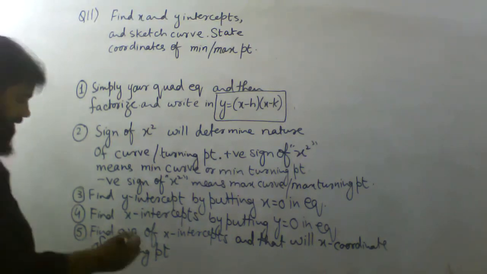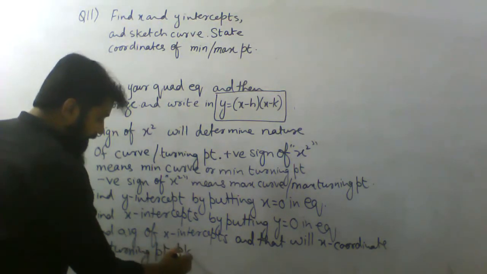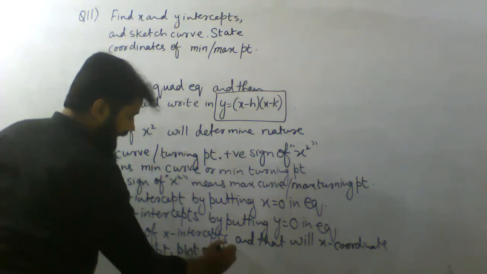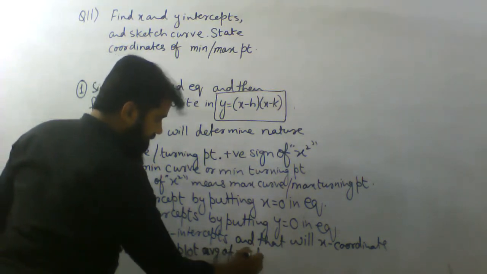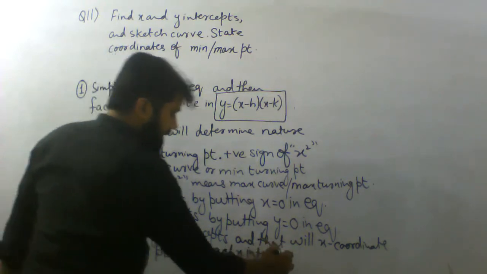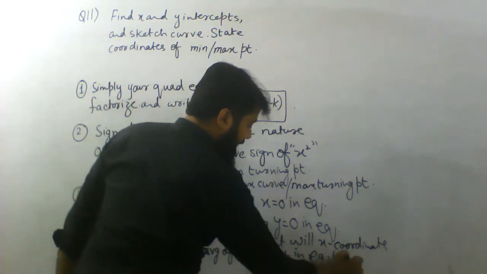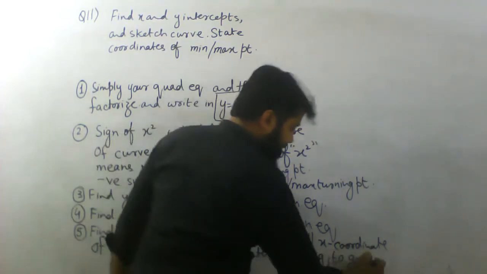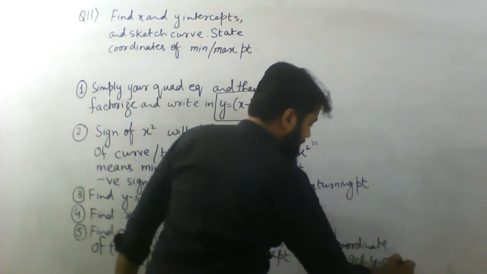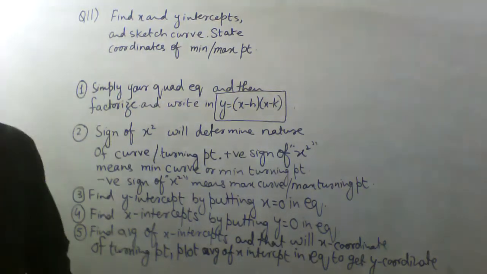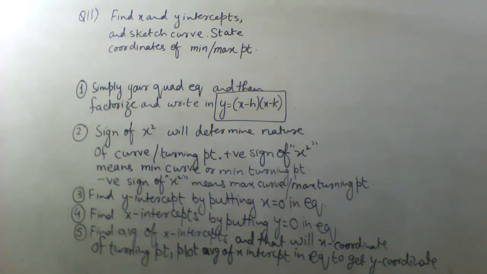You will find the average of the x-intercepts and you will have the x coordinate of the turning point. Plot the average of the x-intercepts in the equation to get the y coordinate of the turning point. Okay, the y coordinate of the turning point. All these things are also written in the description of the video. You can check it over there also.